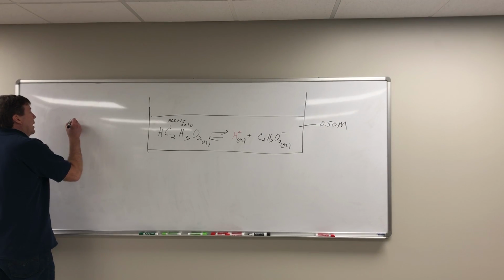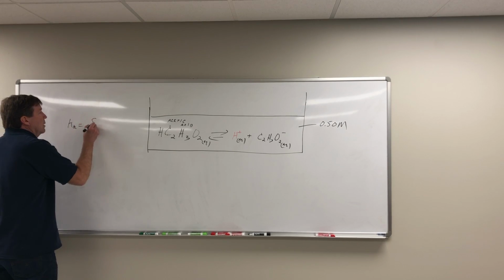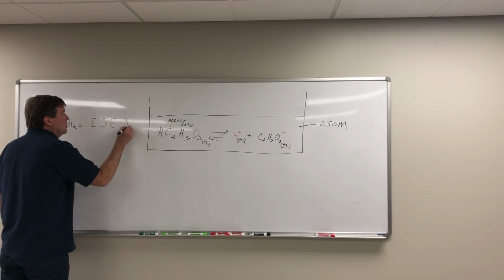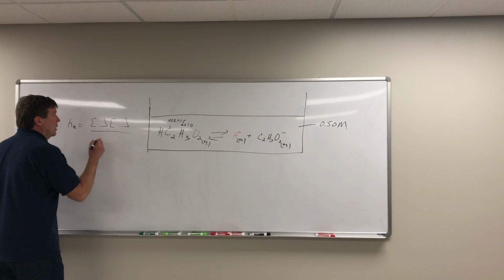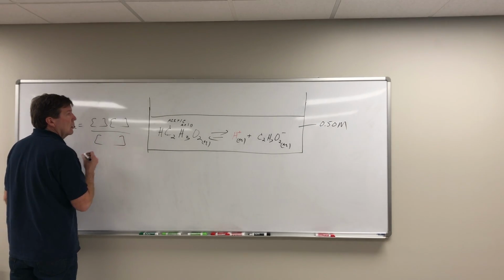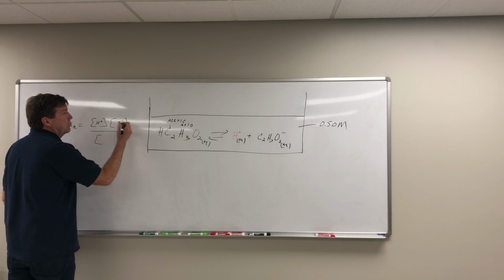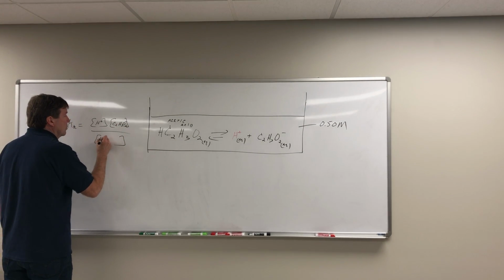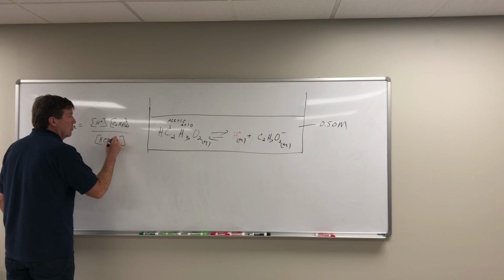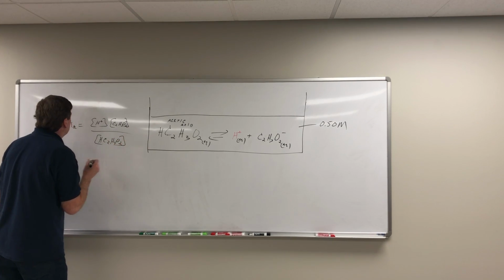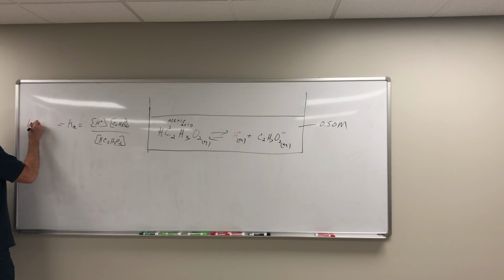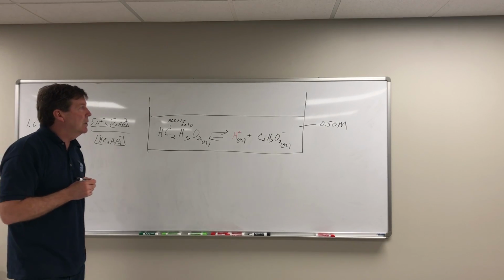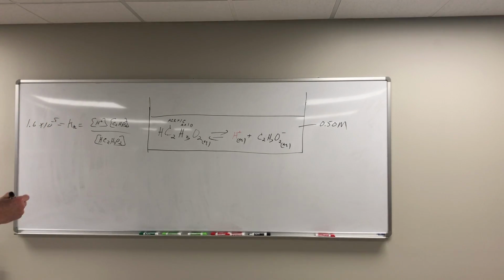So let's go Ka equals concentration, and notice the Ka value is 1.6 times 10 to the negative fifth. So that obviously is a weak acid.